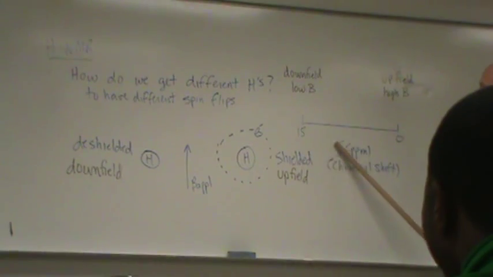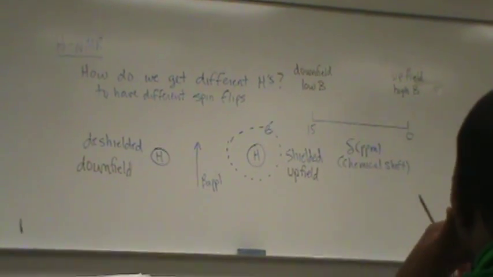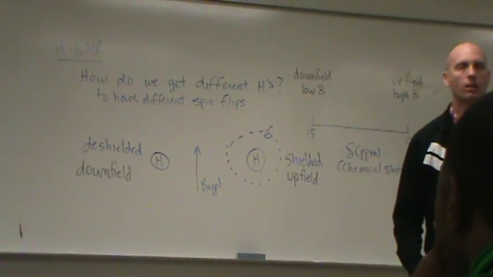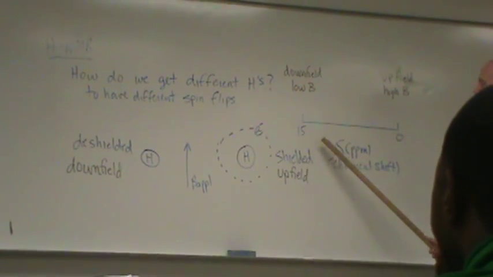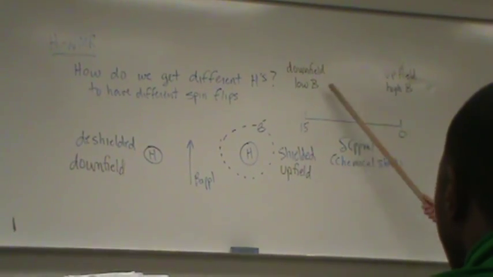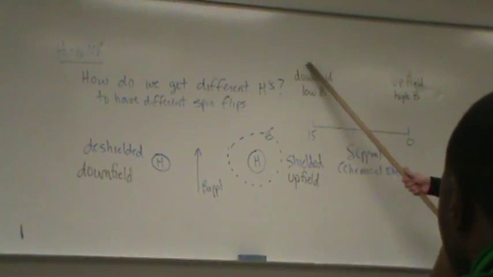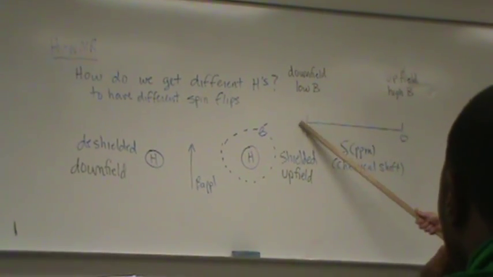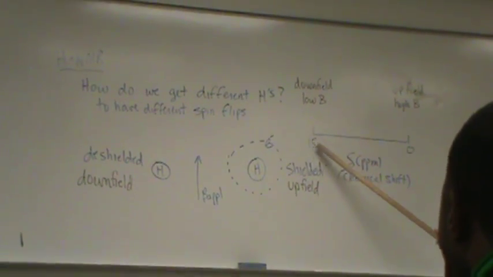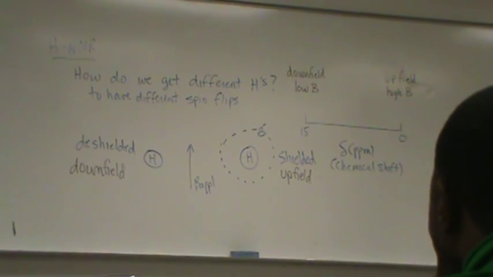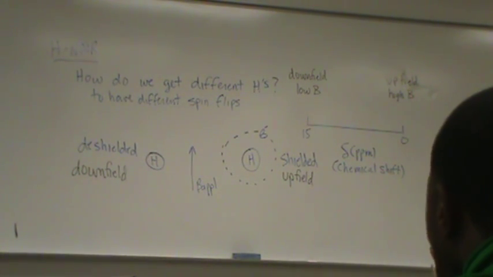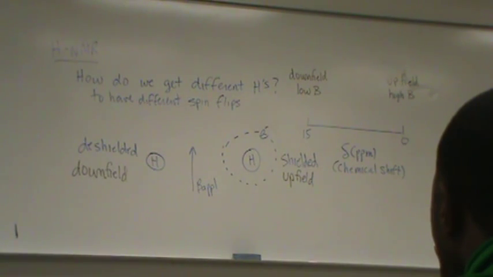Any questions on this setup here? This is how you always want to look at an NMR spectrum, knowing what going toward 15 means and what going toward 0 means. Very important. Any questions?